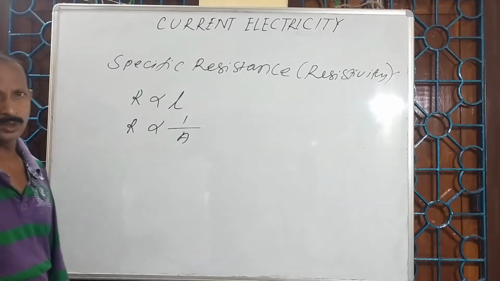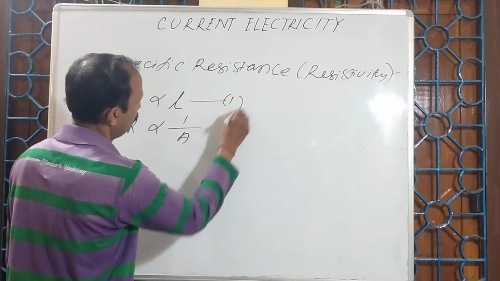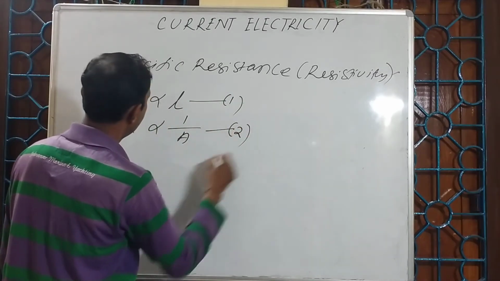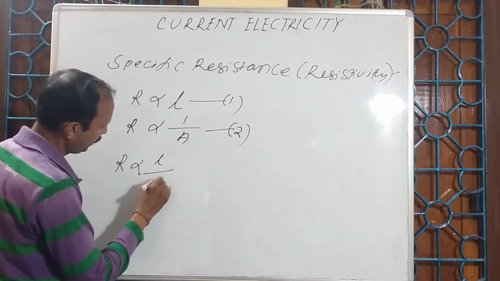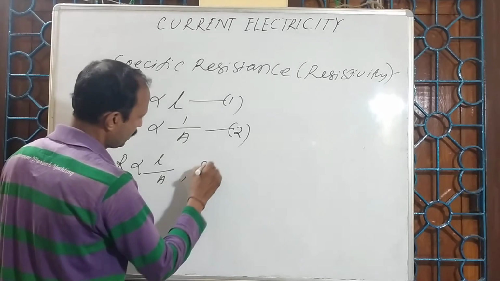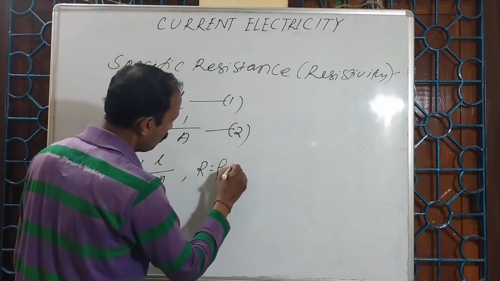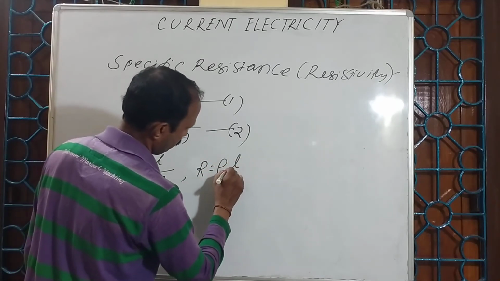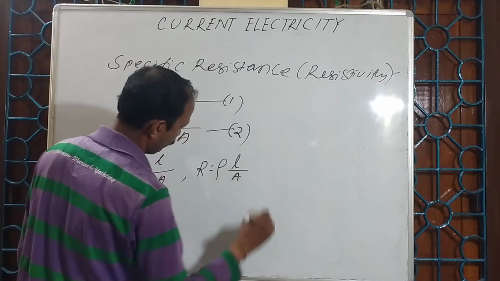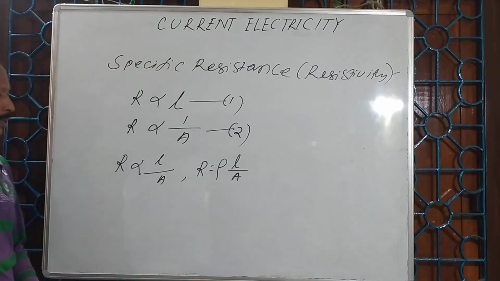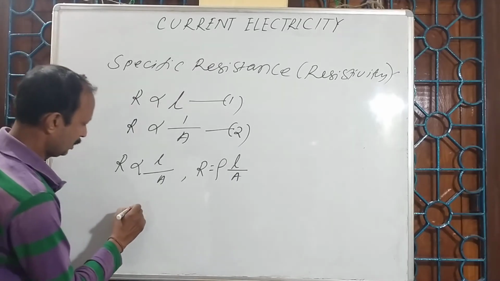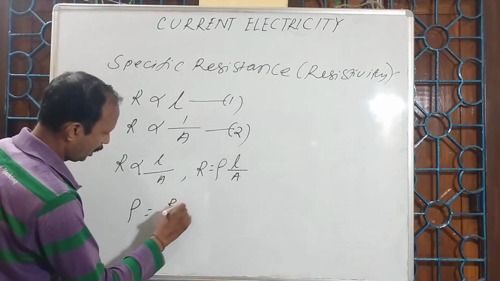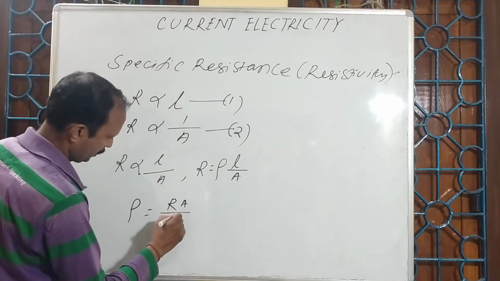If I combine these two, then R is proportional to L by A, or R equals rho into L by A, or rho equals R A by L.